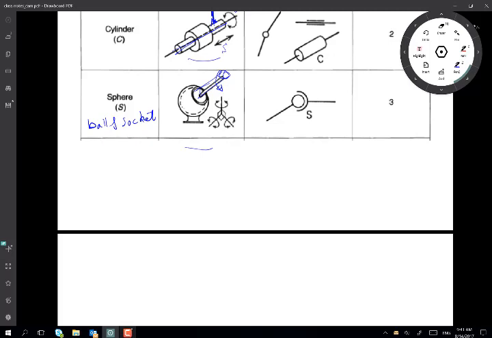So that's again a spatial effect. Normally the ball and socket is used in spatial linkages.